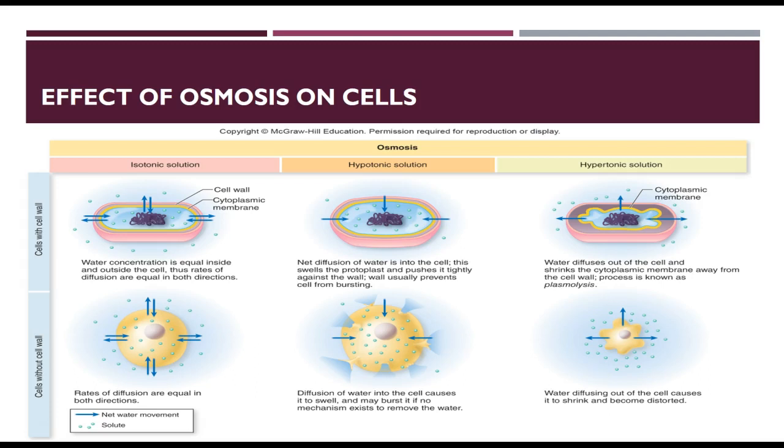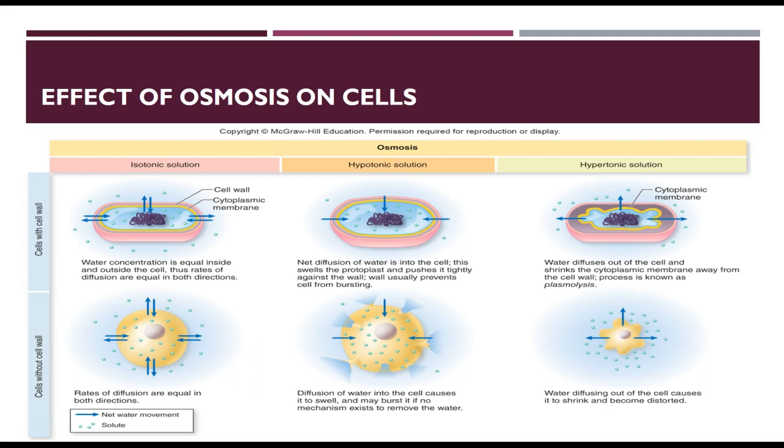The opposite happens in a hypertonic solution. Here, water is diffusing out of the cell at a greater rate than water is entering the cell. And this causes the plasma membrane to move away from the cell wall. The internal protoplast of that bacterial cell shrinks in, and the cell shrinks down.